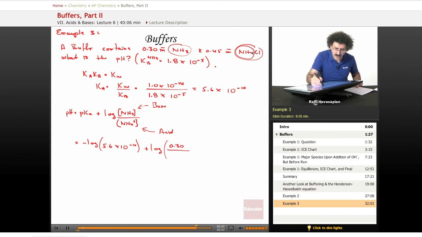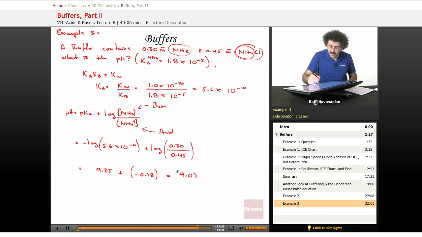NH4 is the conjugate acid. This is fully soluble, which means that 0.45 moles per liter produces 0.45 moles per liter of ammonium. That equals 9.25 plus a negative 0.18 for a final answer of 9.07. There you go.